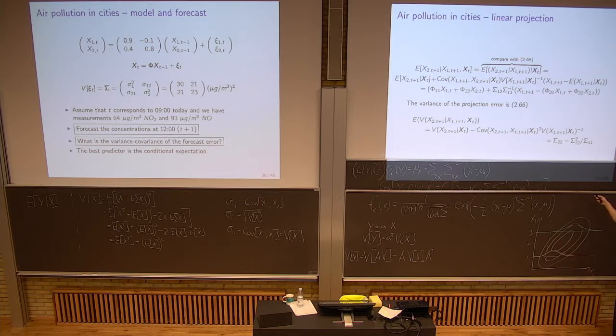What you get is that you get the original prediction variance, and then you reduce that by some number. The larger the covariance between 1 and 2 is, the larger reduction you get. On the other hand, if sigma 1, 1, as in the one that you condition on, has a large variance, you get a smaller adjustment.